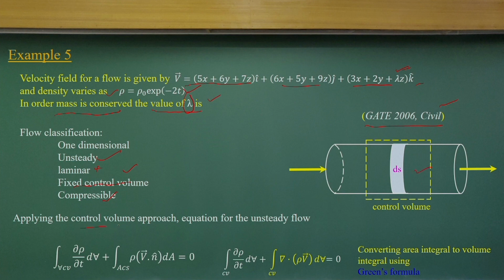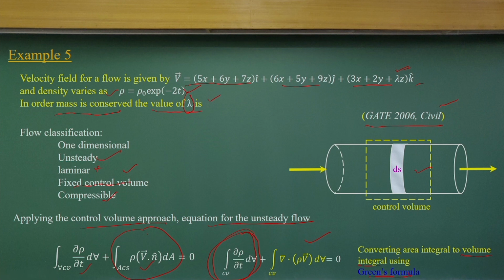Applying this control volume approach, the equation for unsteady flow has this component and this component, which we already derived earlier. Let me put it in this form. The time derivative part of the control volume is this part. If you look at these surface integrals, following Green's formula, these surface integrals can be converted to volume integrals in terms of the del operator.